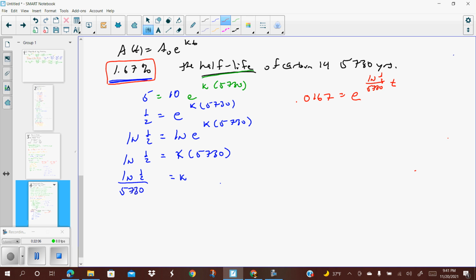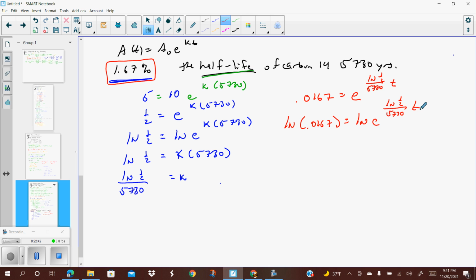We are trying to see, based upon the fact that we found the decay rate, which was k, how long it's going to take to get to 1.6% of its original amount. I am willing to bet this number is going to be quite large, considering that is way over half of its life. But let's find out. So we'll do the same process. We'll take the natural log of 0.0167, which is going to equal the natural log of e to the ln of 1/2 divided by 5,730 times t.